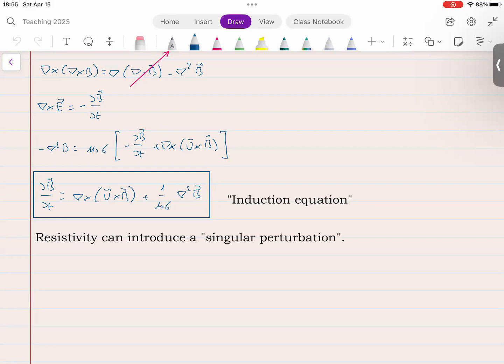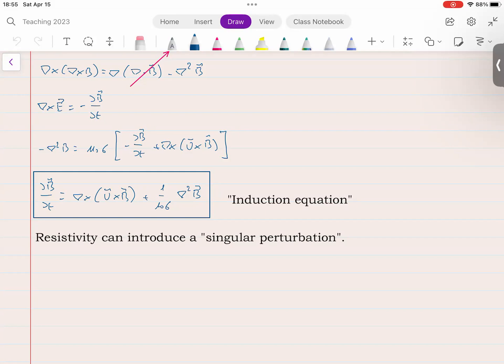The idea is that I have a differential equation for the behavior of the magnetic field. If the resistivity is 0, that differential equation has first derivatives with respect to space of the magnetic field that come from the curl.